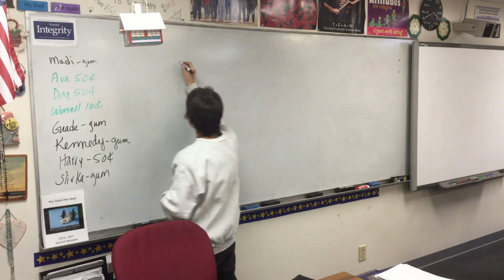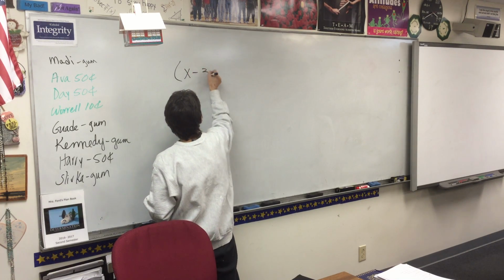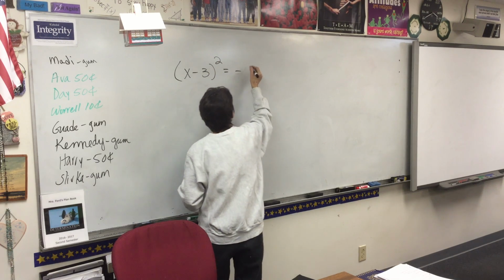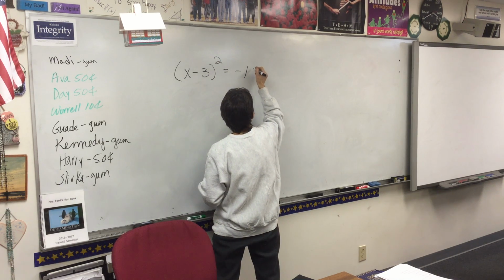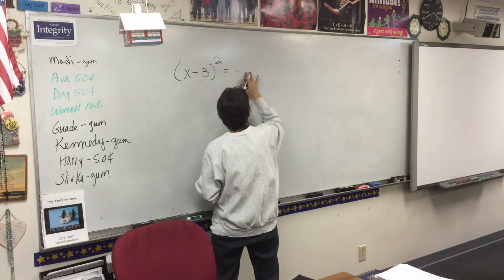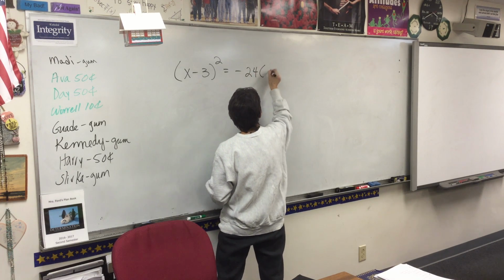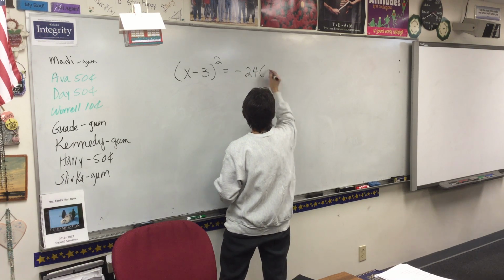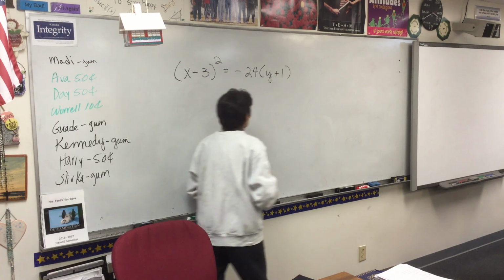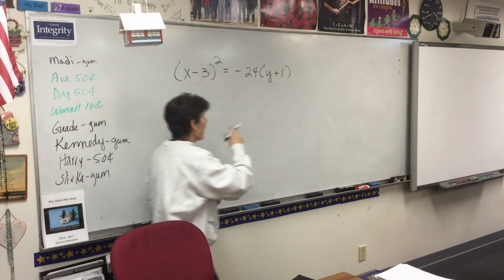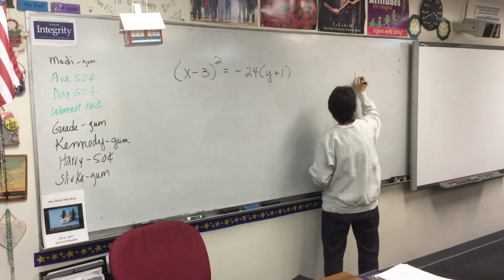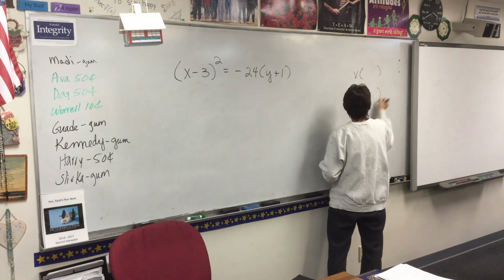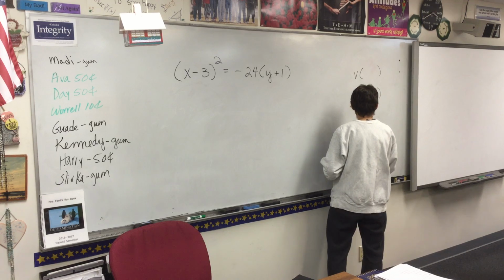So we've got the equation of a parabola. And we need to find, for this, the blanks will be vertex, focus, directrix, and focal width.